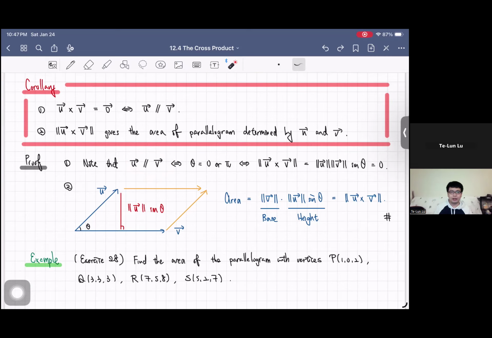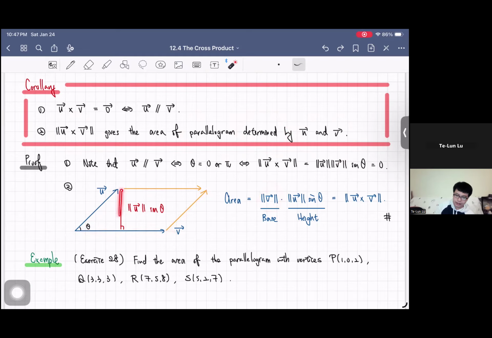Another way to interpret u cross v, in particular its magnitude, is as the area of the parallelogram determined by u and v. So let's try to define what this is. Given u and v, the parallelogram determined by these two vectors is just these two. And what is the area of a parallelogram? It's just base times height, right? In this case, the base is the magnitude of v.